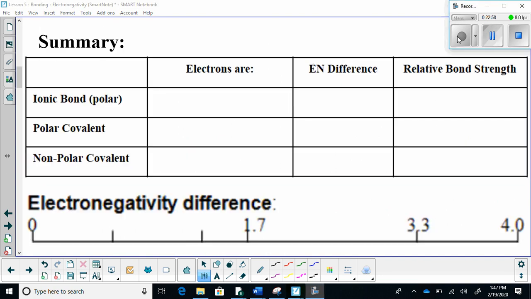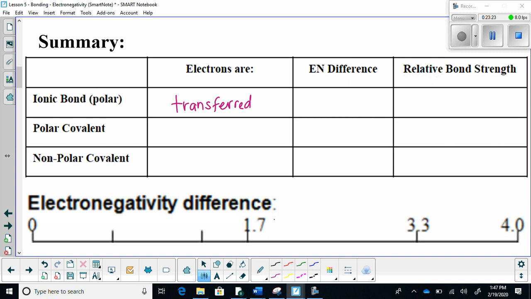Okay, to summarize, in an ionic bond, which is also considered polar, electrons are transferred. Okay, so what happens here is that the pull is so big that it just takes the electron from the metal.